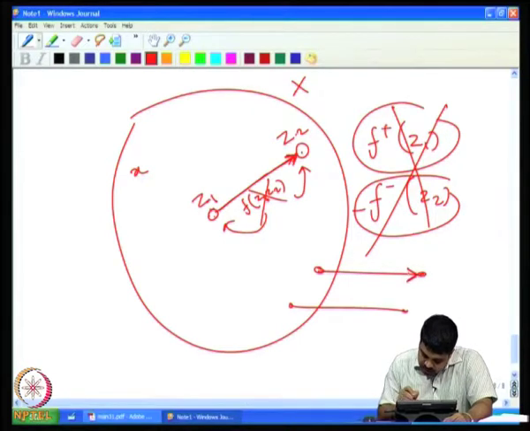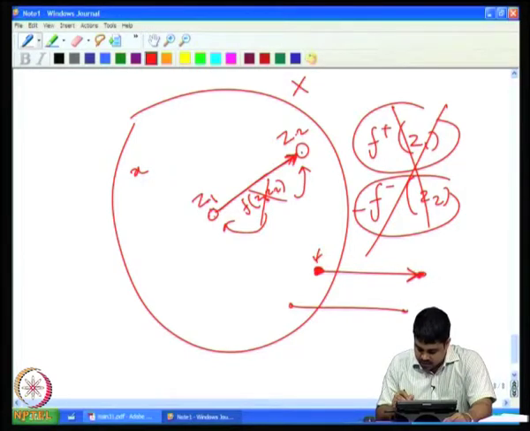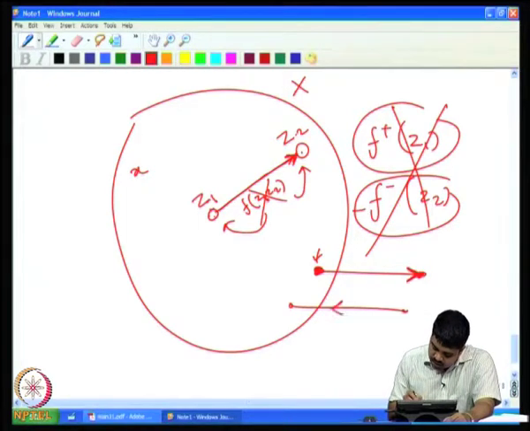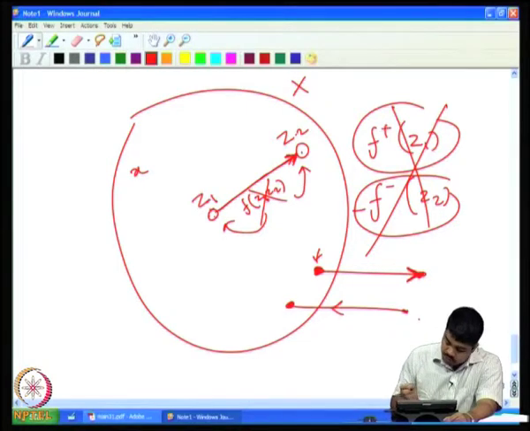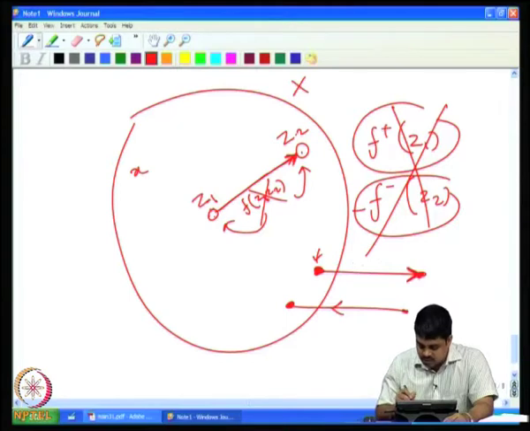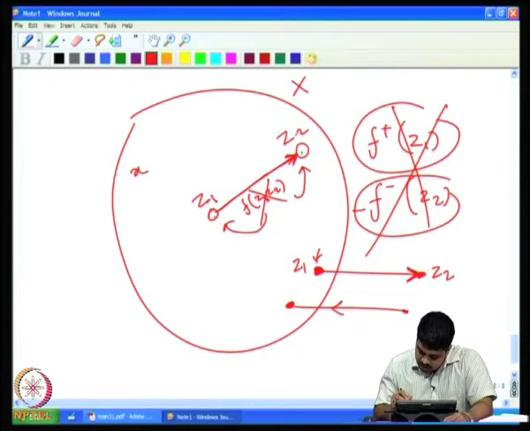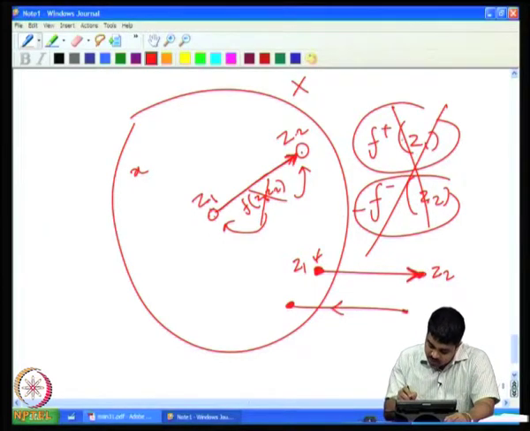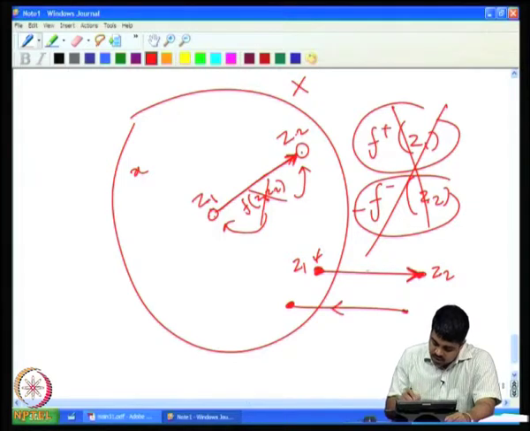One is where the start is inside and the head of the arrow is outside, or another type is like this, coming from outside to inside. For instance, if z1 is here and z2 is here, this component will not be there, therefore this plus component will remain.